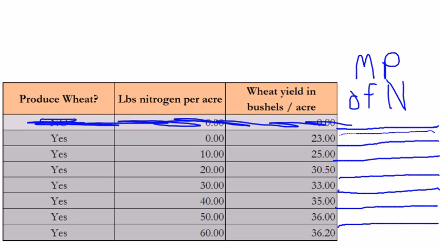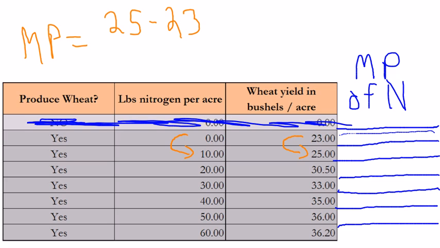Consider what happens when we go from using 0 pounds of nitrogen to 10 pounds of nitrogen. This increases yield from 23 to 25. And so our marginal product over that range is going to be the new yield, 25, minus the old yield of 23, divided by new nitrogen 10, minus old nitrogen 0.